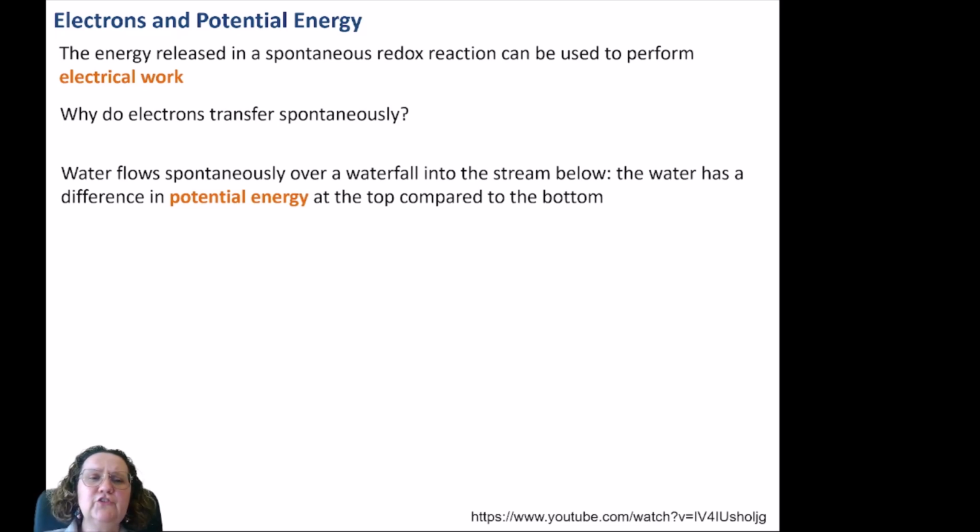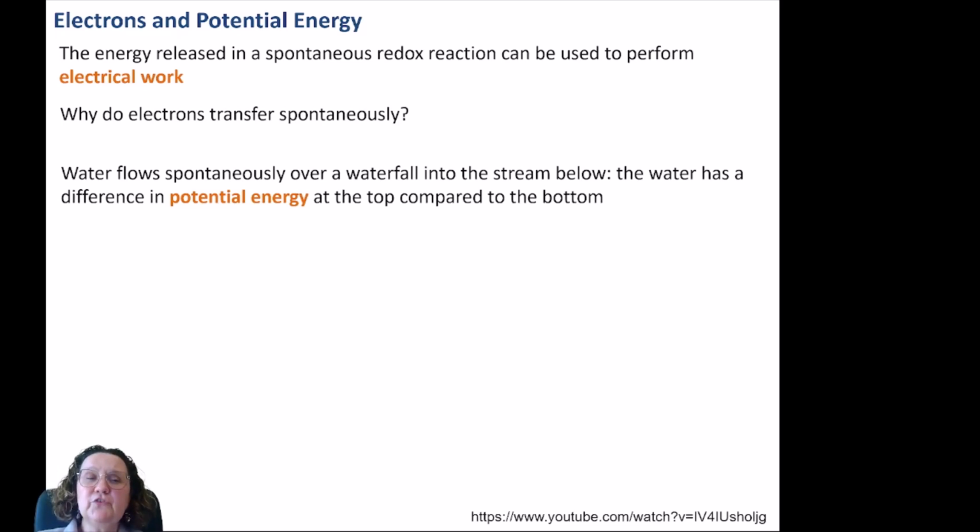And we talk about electrode potential because we think about electrical work as the fact that the electrons transfer spontaneously from one compound to the other, the same as potential energy. When you have water flowing down a waterfall, you have a difference in height and the water falls, and that difference in potential energy between the water at the top of the waterfall and the bottom, in the stream or lake, because of the height difference, allows it to potentially do some work.